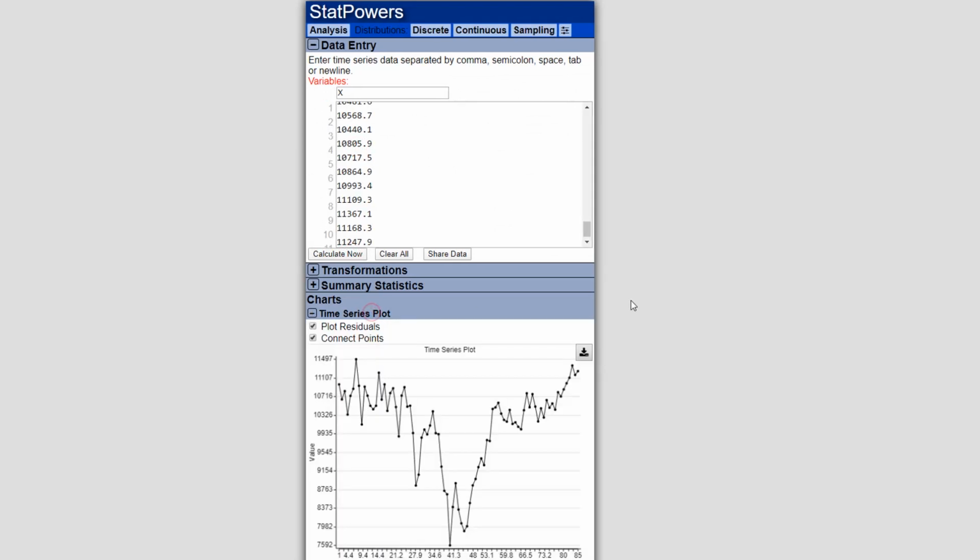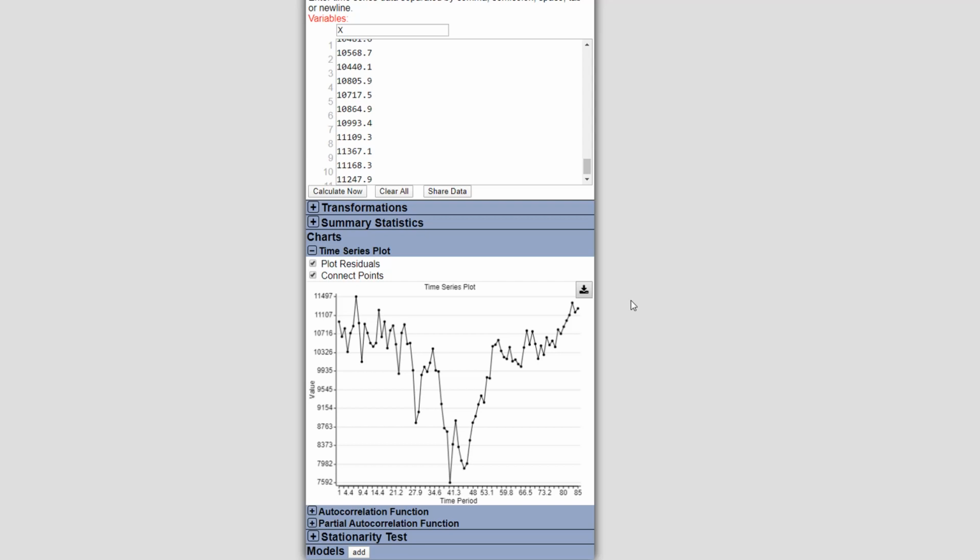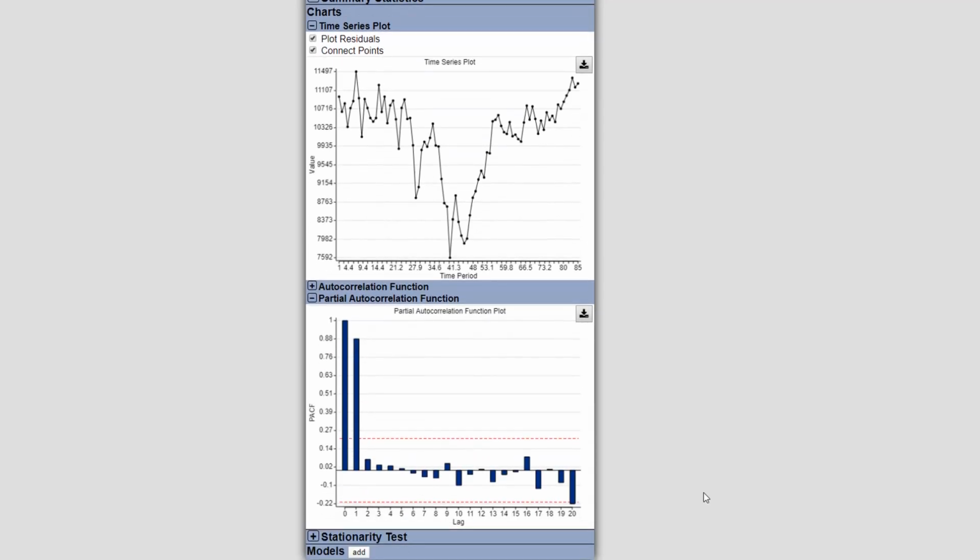And let's take a look at the time series plot. I'm going to look at the partial autocorrelation function here. Now the partial autocorrelation function is a good indicator of how many time steps in the past can predict where we're going to be. Looking at the partial autocorrelation, you can see that one time step of lag tells you a lot about where we're going to be.